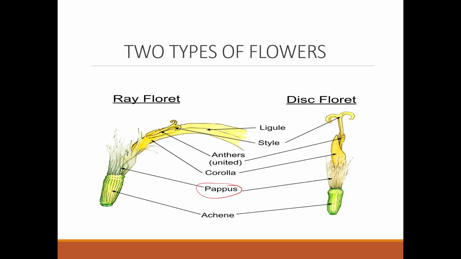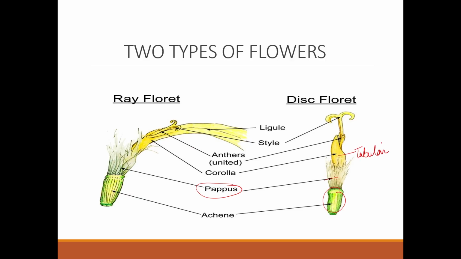So ray florets are generally present at the periphery, and the disc florets have the same features. They have an inferior ovary and a calyx modified into the pappus, that hairy structure. The next difference between the ray floret and disc floret is that here the corolla is ligule shaped, while here the corolla is tubular.